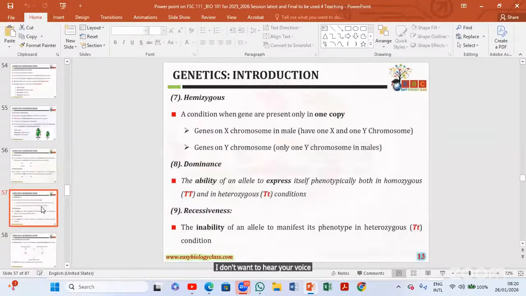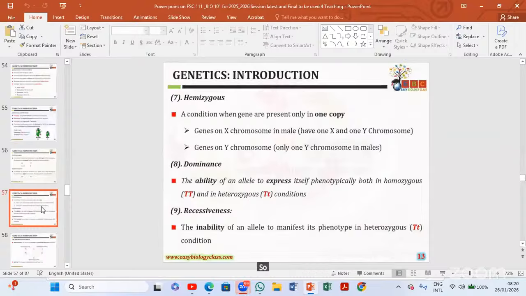You can't be disturbing my class. Some of you join the class while you are in the motor park, and I can hear the conductor shouting his destination. Some of you join in the market. Some of you are in the bedroom. That is not even my problem, but don't disturb the class. Mute yourself. What's the problem about that?